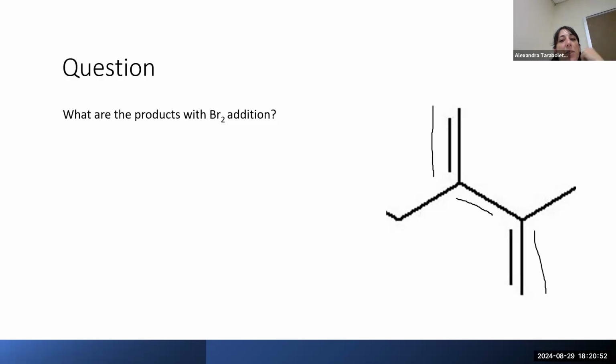All right, so this is actually what we were looking at, and the line is a little bit gone, but let's think about what the products would actually be here. So we're going to do a bromine addition. Essentially, you're going to open up this double bond and grab a bromine to start with.